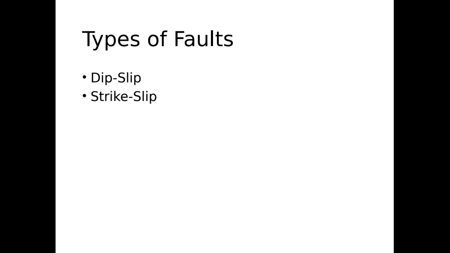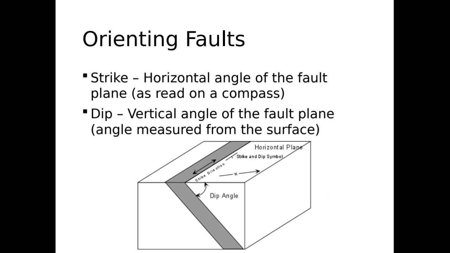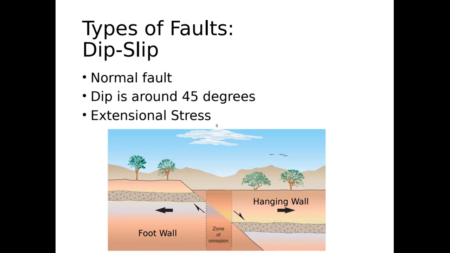So for a dip slip fault, you have hanging wall faults or normal faults, and it depends on which way this wall is moving. In this example, it's moving this way, so it's a normal fault. If it moved this way, it would be a reverse fault.